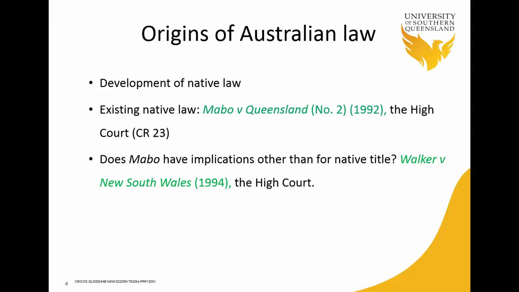So that brings us to the concept of native title. What do we mean by native title? Now we know that if Australia was not terra nullius, it's just like saying that we recognize that there was an organized Aboriginal society with a recognizable legal system.